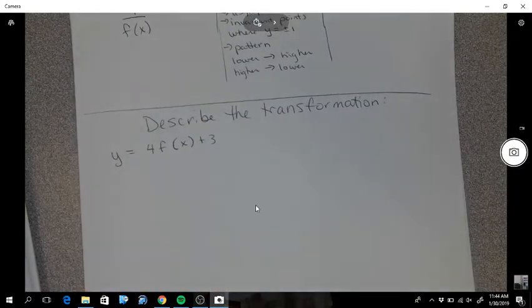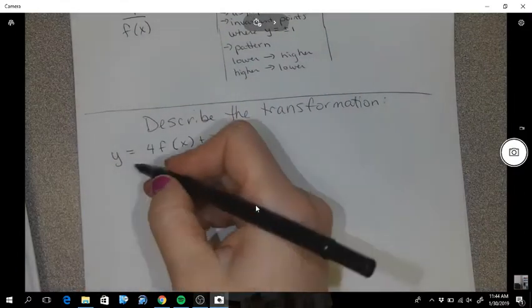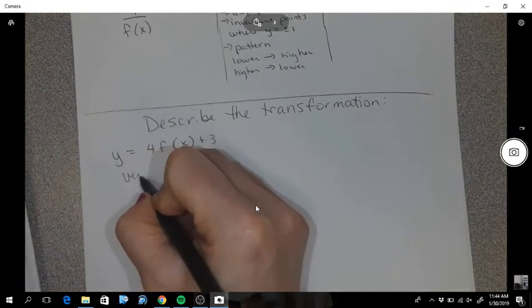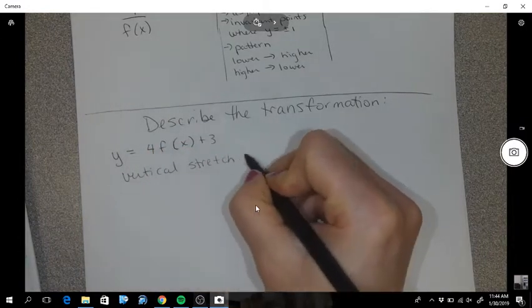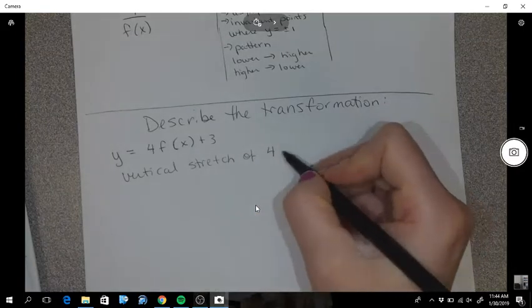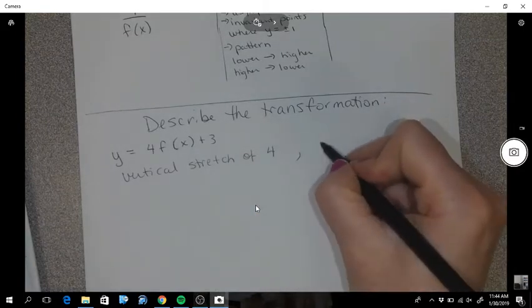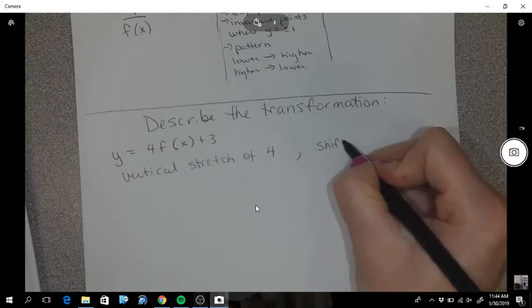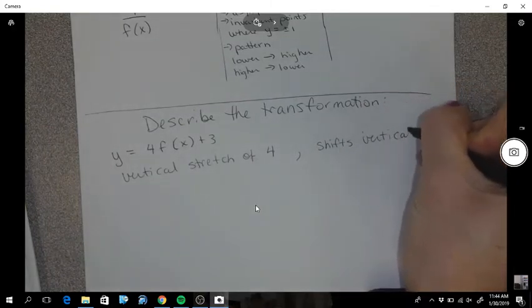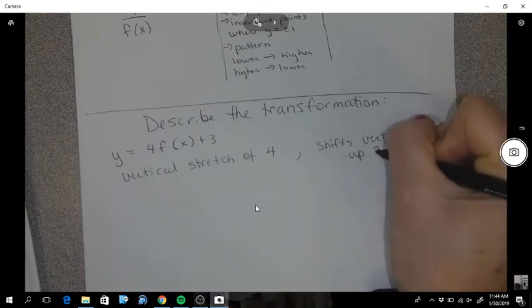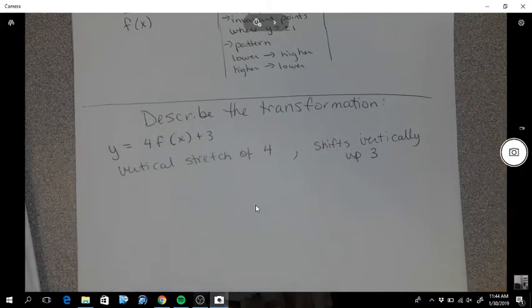Describe the transformation on f of x. So your answer would be that there is a vertical stretch of 4 and it shifts vertically up 3, goes up 3.